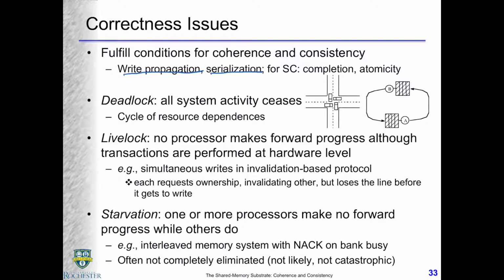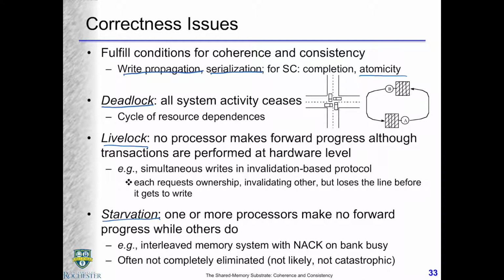For instance, for sequential consistency, you need to guarantee write atomicity. So it depends on the consistency model. And when you're trying to carry these operations out, you may get into situations that you want to avoid: deadlock, livelock, and starvation.